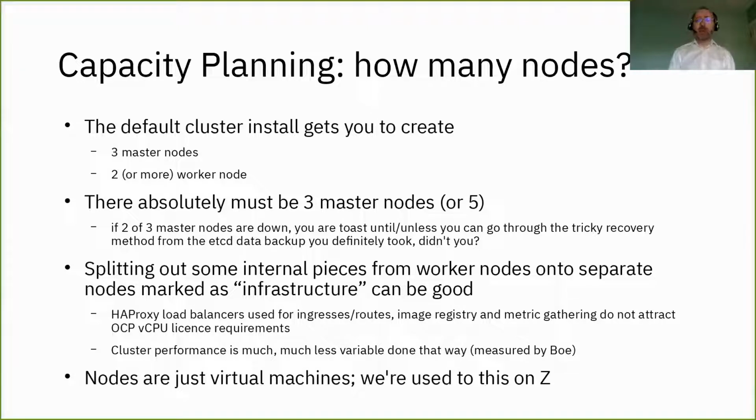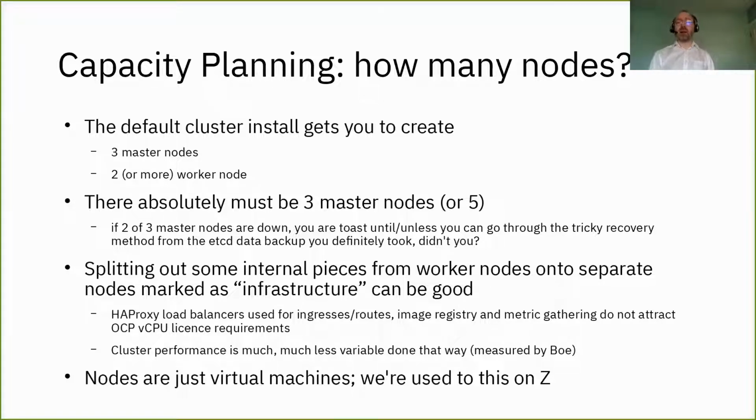The default cluster install typically gets you to create 3 master nodes and 2 or maybe more worker nodes. Does that matter? Well, for the master nodes, it absolutely does. It is fundamental to the way that one of the components of OpenShift works that you need at least 3 master nodes, and also you need an odd number, and there is very little point in it being more than 5, and often very little point in it being 5.